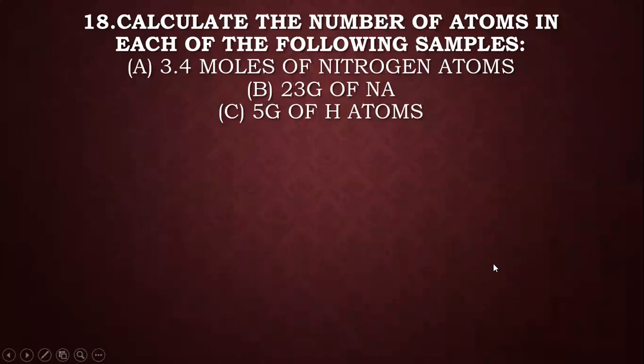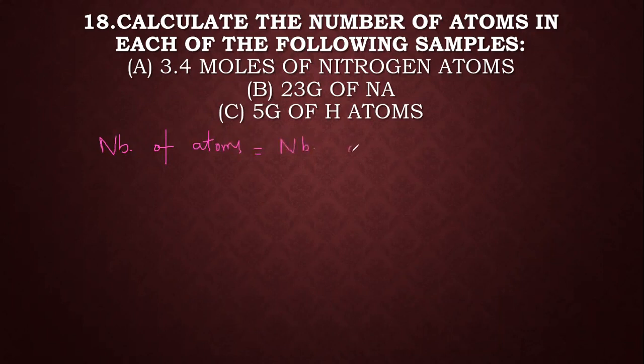Now question number 18. Calculate the number of atoms. First we have to write the general formula. Number of atoms equals number of moles multiplied by Avogadro number.